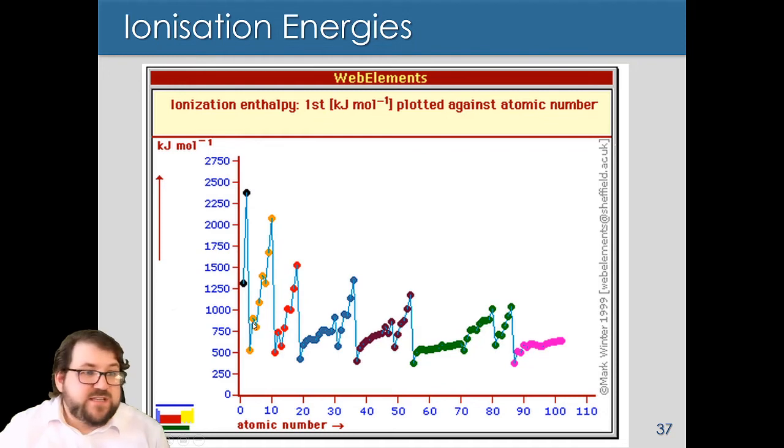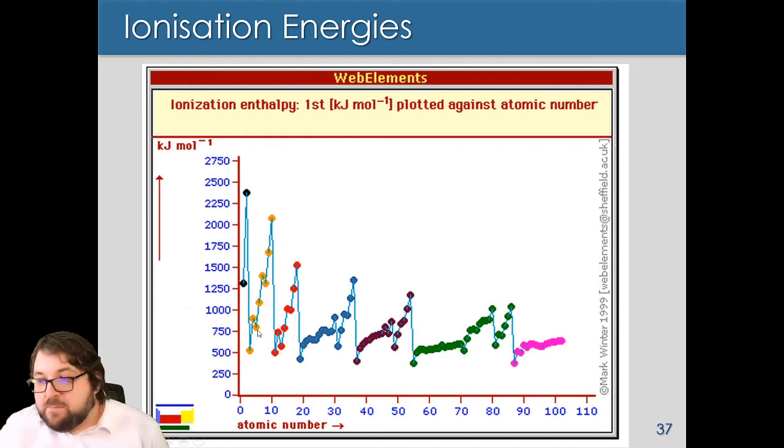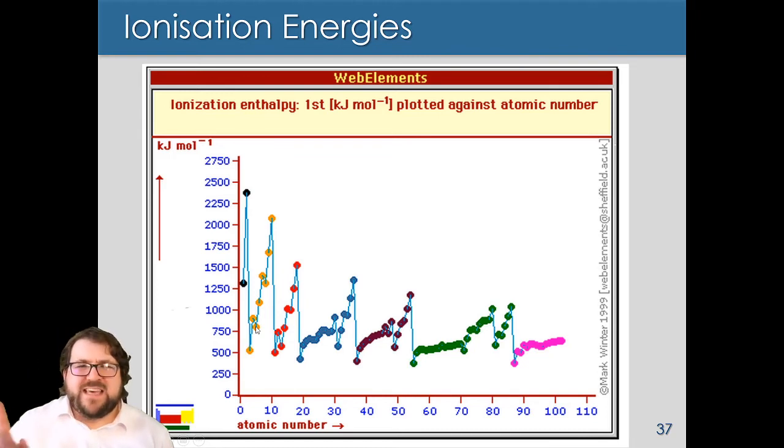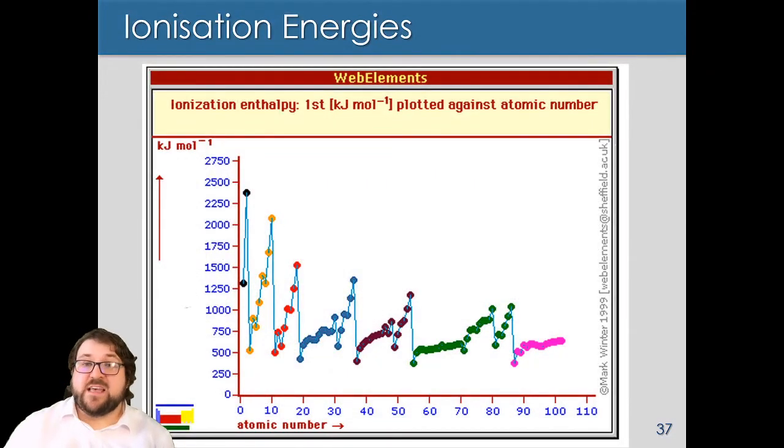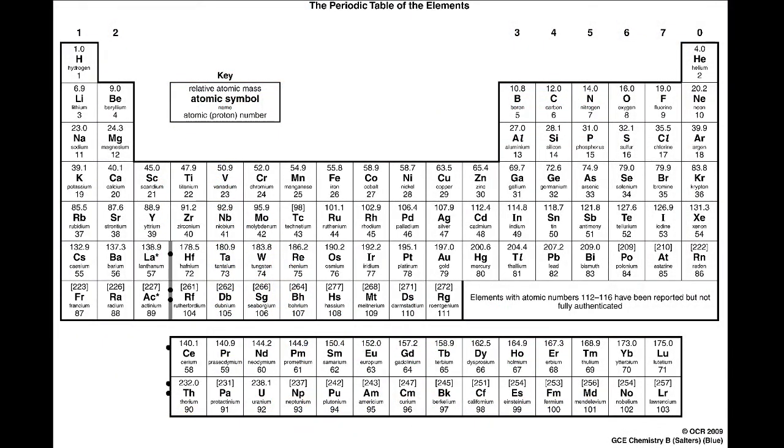If that one is beryllium and that one is boron, it suggests that boron is easier to remove an electron from, which suggests that a 2s2 configuration, which is beryllium, if we just pop back to our periodic table, beryllium is there in the second row and the second column, is a relatively stable configuration compared to boron, which is over there on the other side in group 3 in the p block, right next to it.